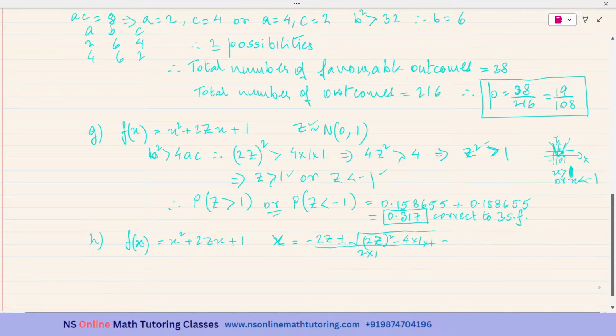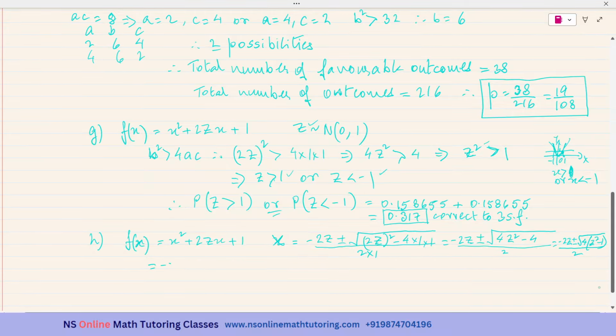So this is equal to minus 2z plus or minus the square root of 4z squared minus 4, over 2. Taking 4 as the common factor, z squared minus 1, over 2.